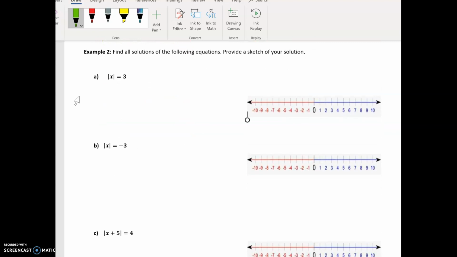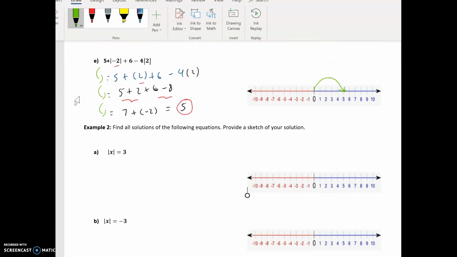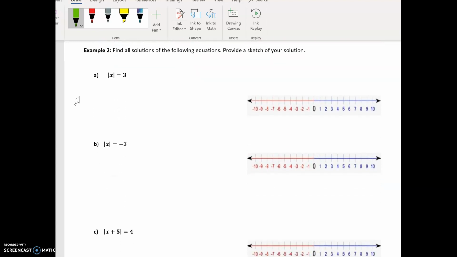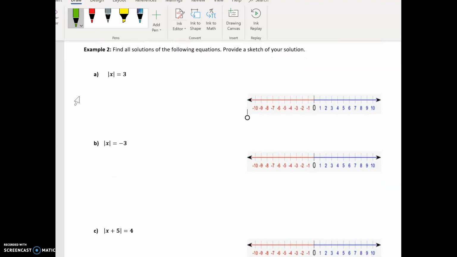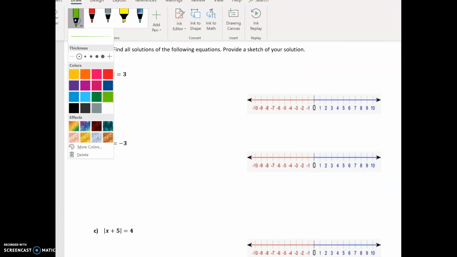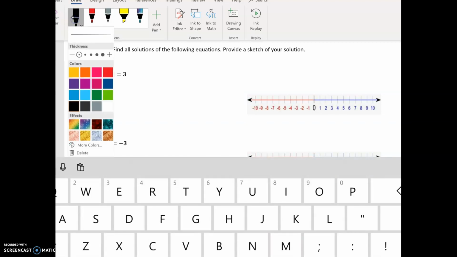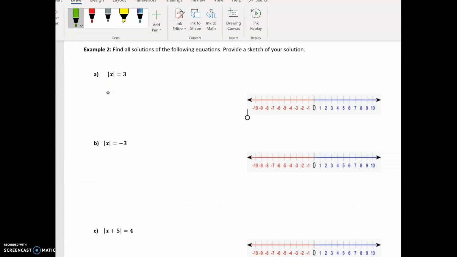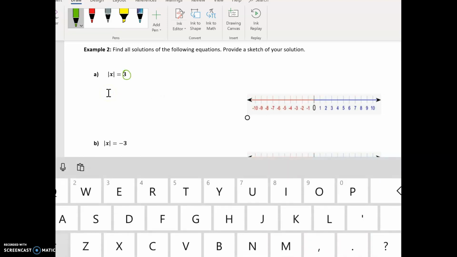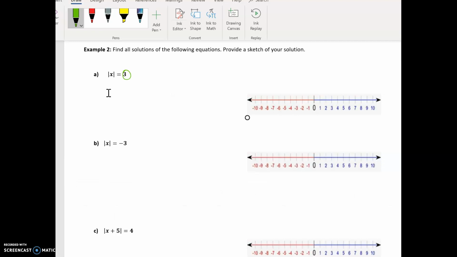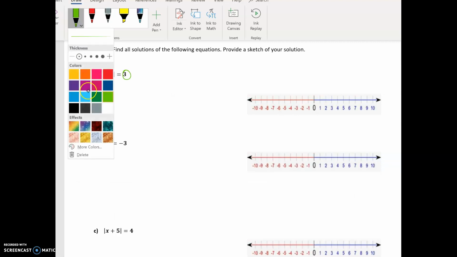Let's take a look at the second example, which is basically the continuation of the problems that we did in example 1. And this is what you're looking at in example 2. So they're introducing variables. And for these problems, as long as what you're trying to evaluate, in this case the value of 3, happens to be a positive value, then all of your equations are going to have a solution.